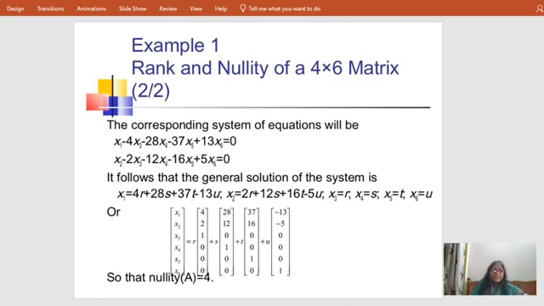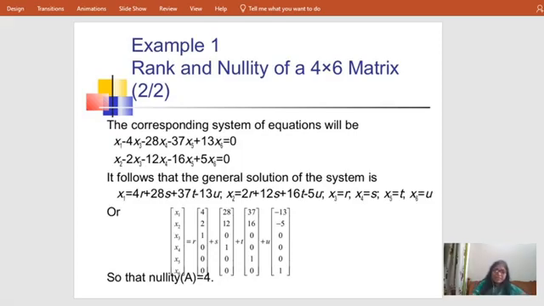And the matrix now obtained in row echelon form is converted to equation form. Because there are only 2 non-zero rows, you are going to get just 2 equations in total 6 variables.